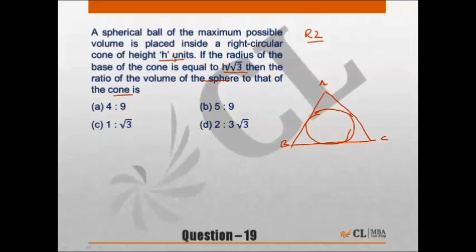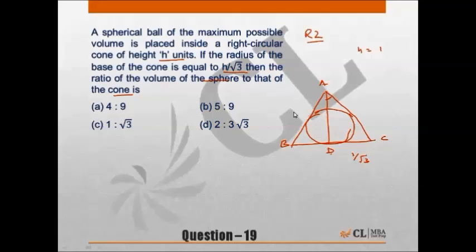It's given to us that the height of the cone is h. Let me take h equal to 1 to make my calculation easier. So the height of the cone is 1 and the radius of the base of the cone is 1 by root 3. So that means this is 1 upon root 3. Let me call this D. Let me first try to find this angle.